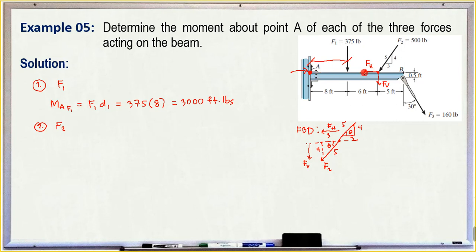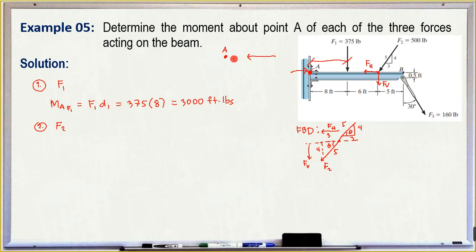Can it rotate the beam about A? Based on the formula, R is drawn from the point of rotation perpendicular to the line of action of the force.